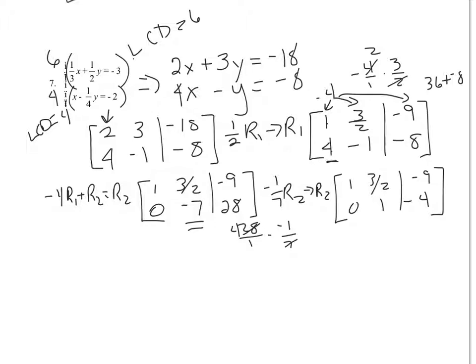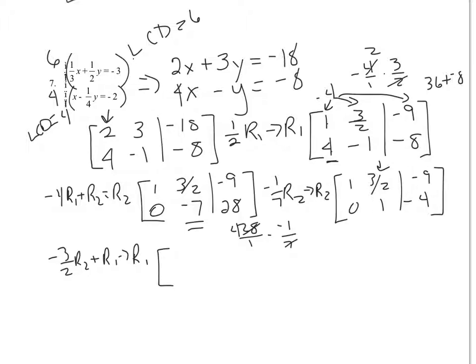Now, to turn this 3/2 in the top row into a 0, I'm going to have to multiply row 2 times negative 3/2 and add it to row 1 to get my new row 1.